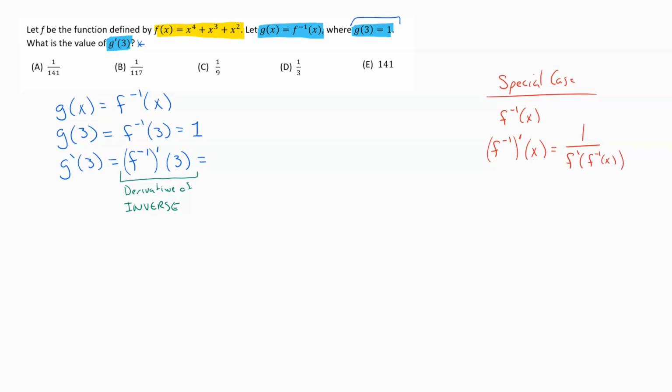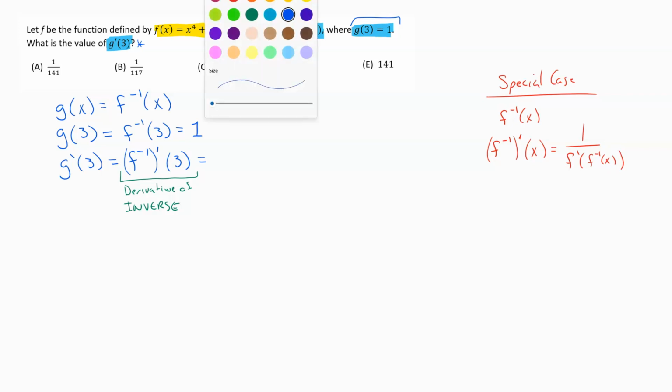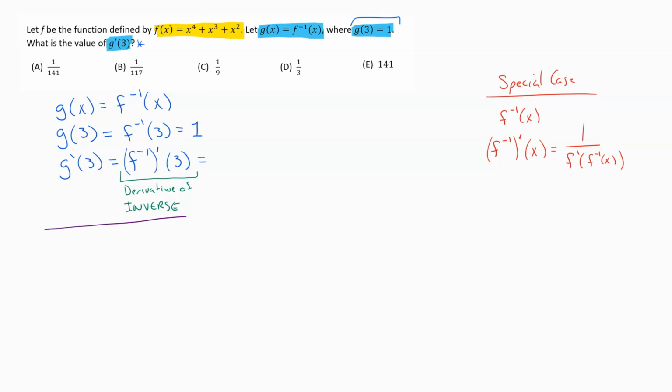The first move is to find the derivative of that original function, because we're going to be plugging values into it. So we know f of x is equal to x to the fourth plus x to the third plus x squared.